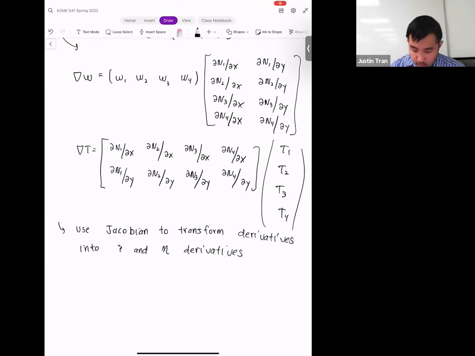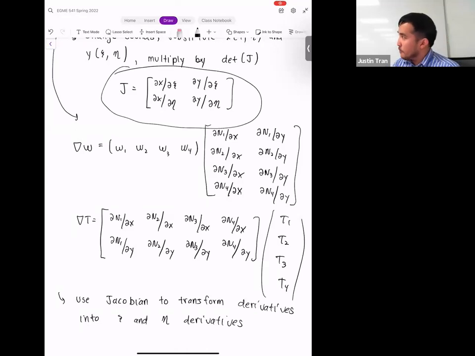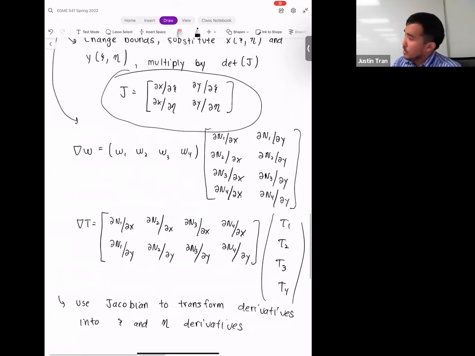Because if you look at our Jacobian here, as we defined it, if we take the inverse of this matrix, and you can take inverses of matrices, you end up with quantities that have epsilon and x, the parent and the physical coordinates, kind of inverted.